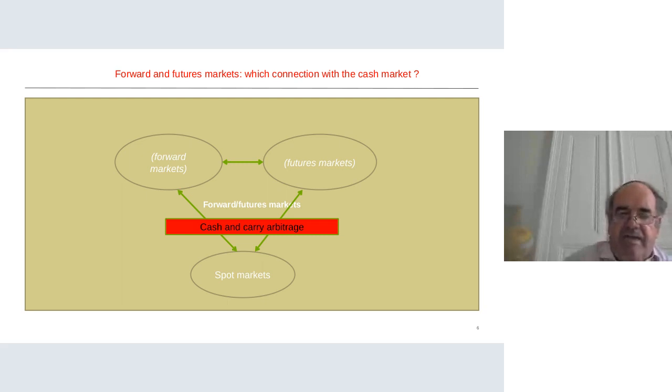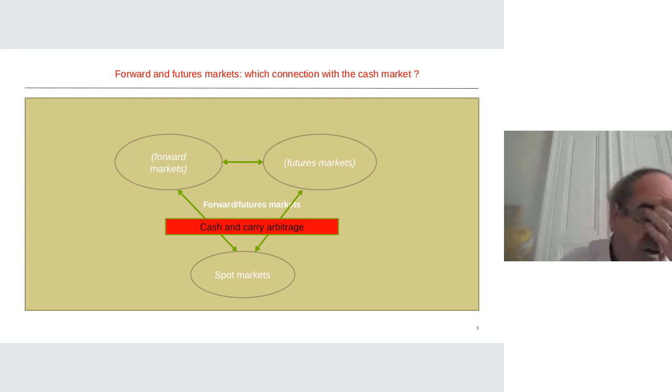If a butter supplier says, I will deliver you butter in 3 months at a forward price, and I buy myself spot and store, the cost of buying butter has to be the same. If it's not the same, you have an arbitrage. And what is the price?